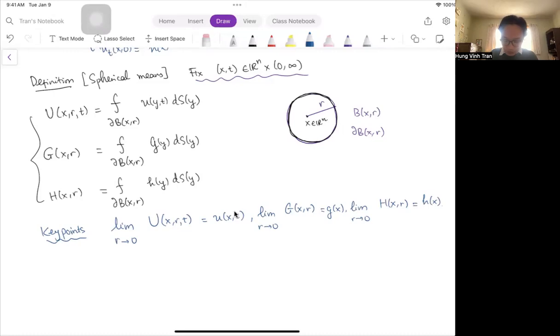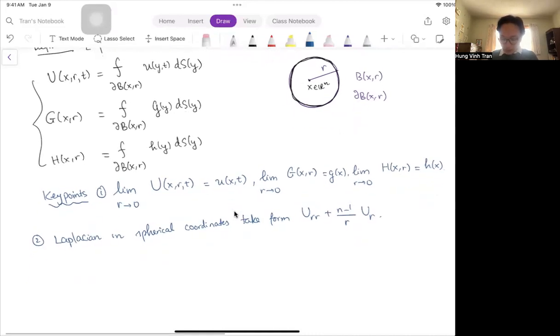The Laplacian in spherical coordinates takes the form of u_rr plus (n minus 1) over r times u_r, right? That we have seen already when we did the fundamental solution for the Laplace and the heat equation, and it appears again here.